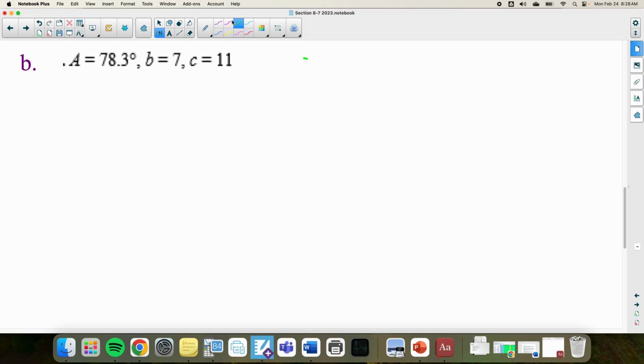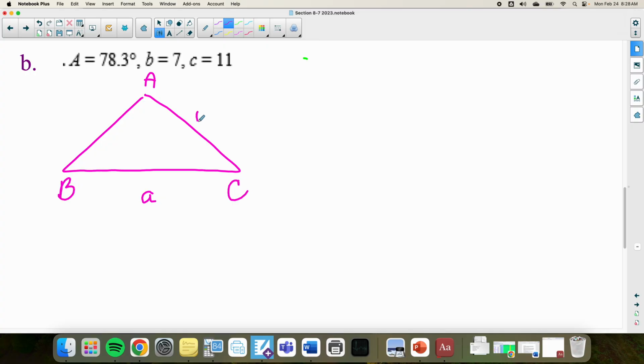So if I go to this one, I'm going to draw out my triangle. A, B, C. This is little a, this is little b, this is little c.